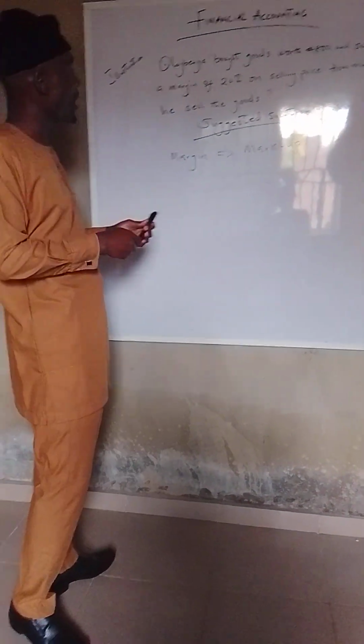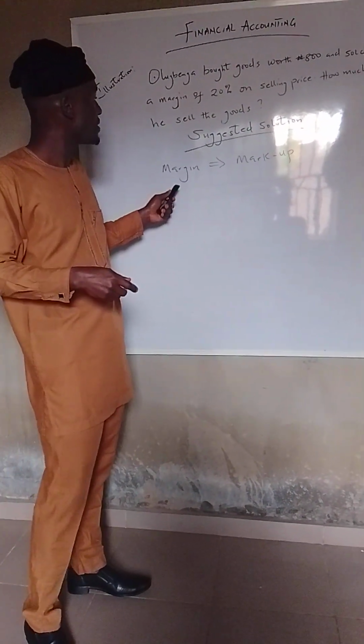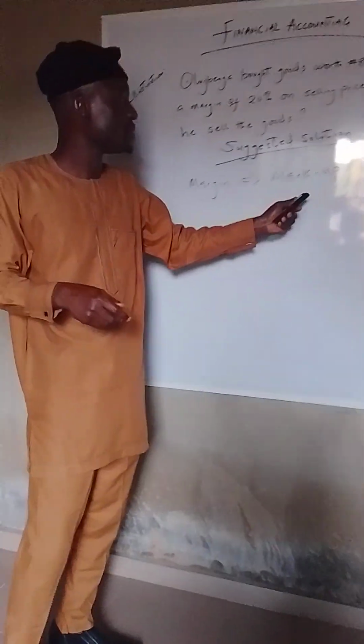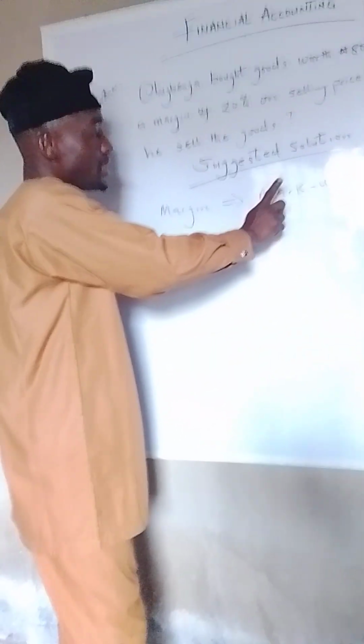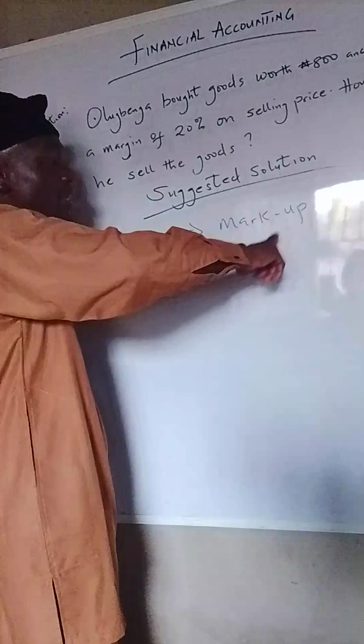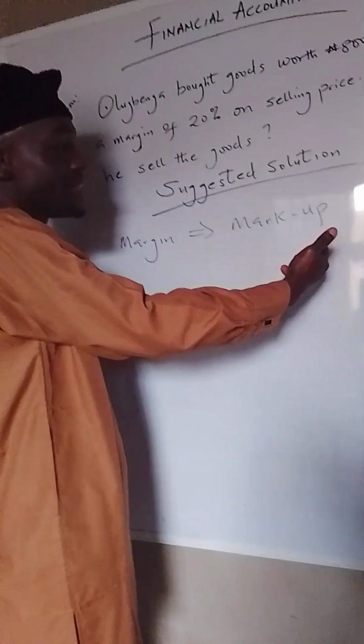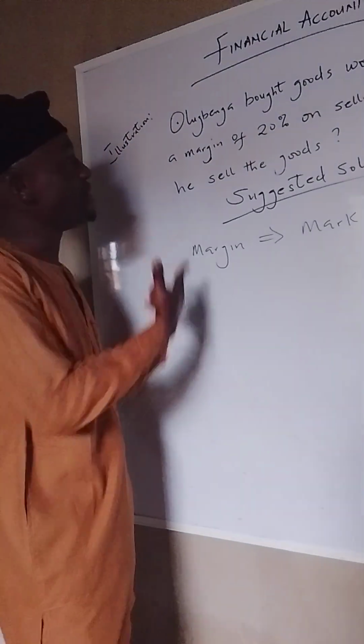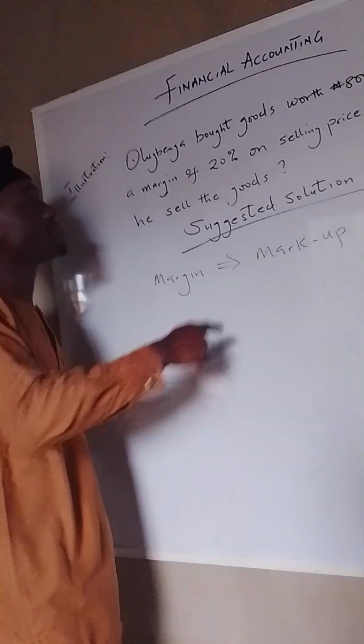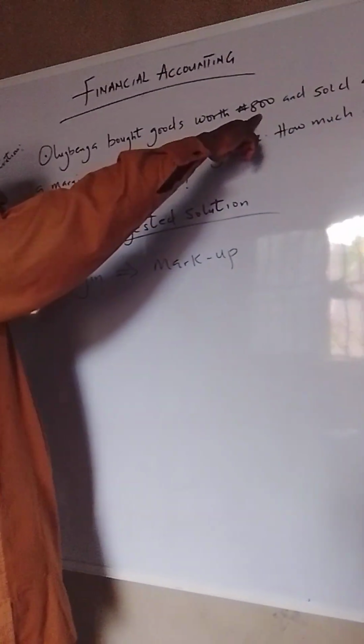Now, the reason why we have to convert this margin to markup is that markup means the relationship between the cost price and the profit. And if you look at the question, they have given us the cost price.